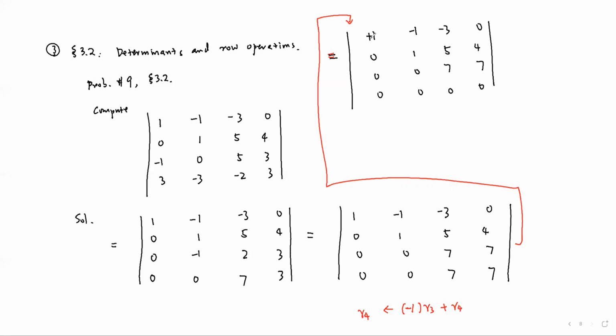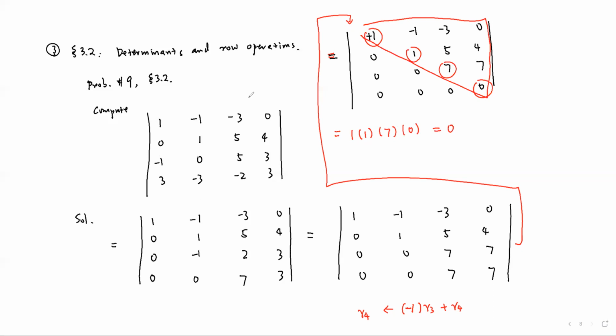Now we have the determinant in upper triangular form. The value of an upper triangular determinant is easy to get. The value is just the product of the main diagonal entries. So it is 1 times 1 times 7 times 0, which is 0.